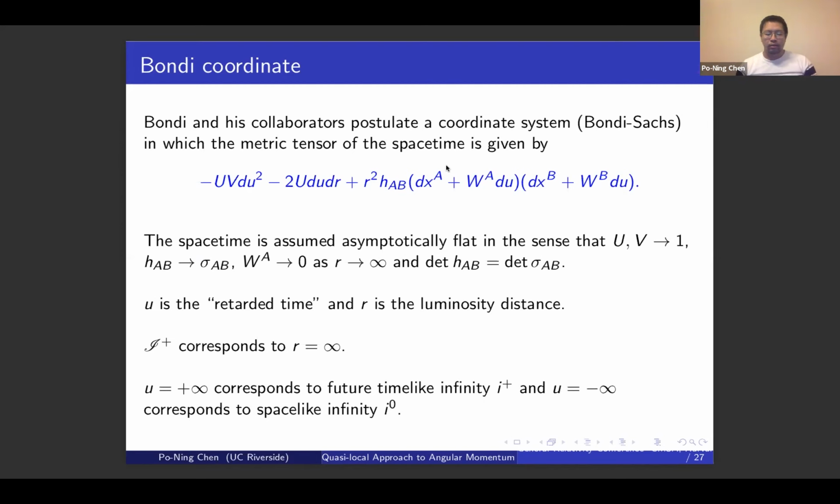So this is the ansatz for an asymptotically flat spacetime. The level set of u gives you a null cone. When you set u to be constant, the metric becomes degenerate, just r squared times h_AB dx^A dx^B. Here u is the retarded time, and r is the luminosity distance. The null infinity corresponds to r equals positive infinity, on which u going to positive and negative infinity correspond to the future timelike and spacelike infinity.